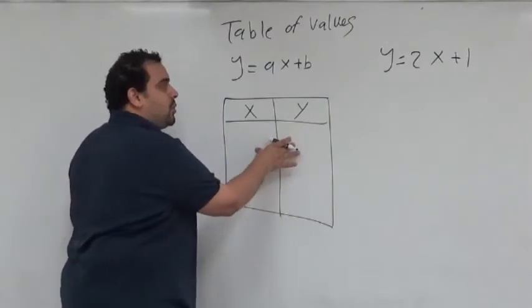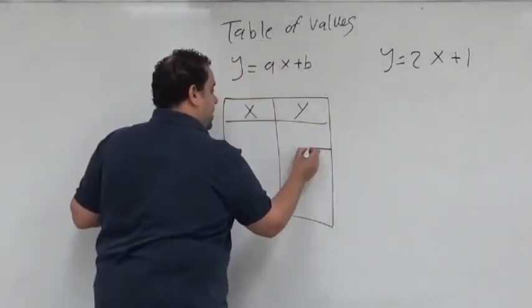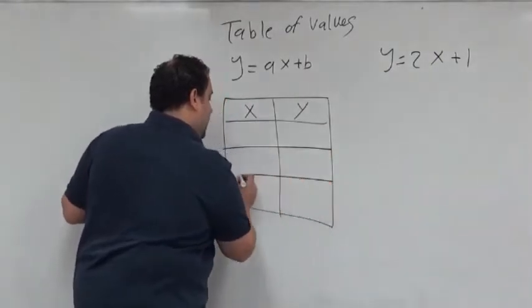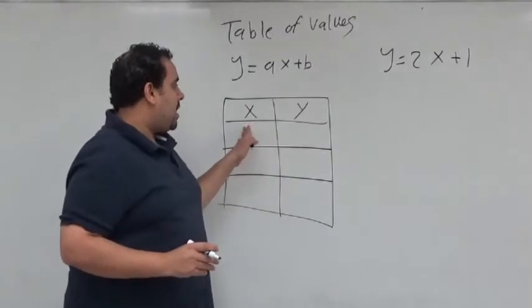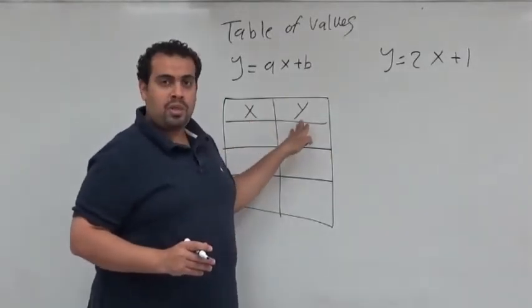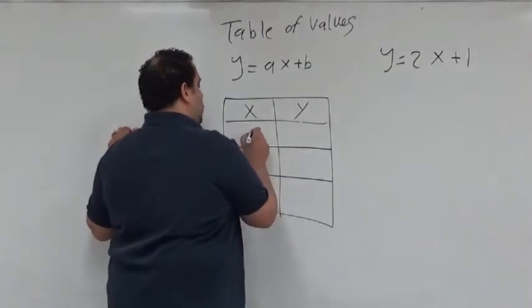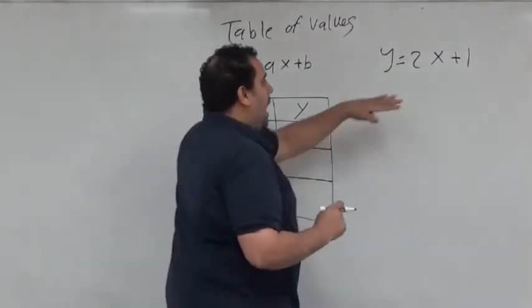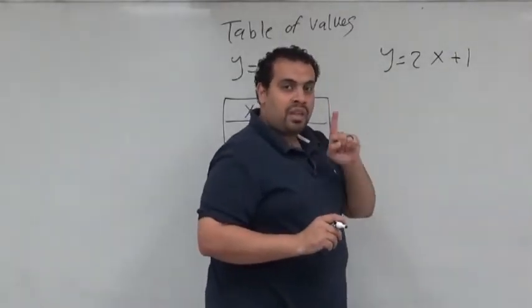So now we come to the table of values, which means I will place values for x. Each time I change the x value, the y value also changes. For example, if x is -2, what happens? I will rewrite my equation again without the x.